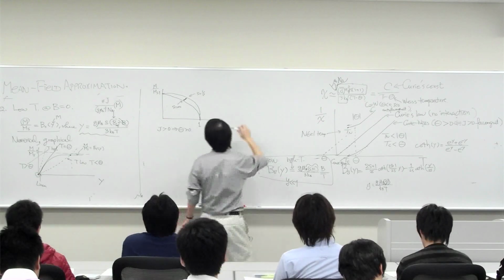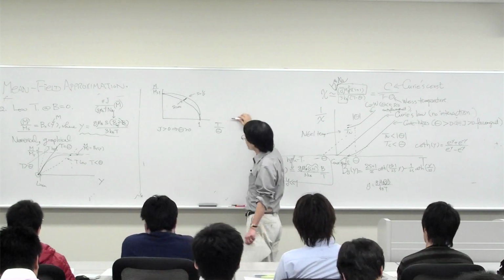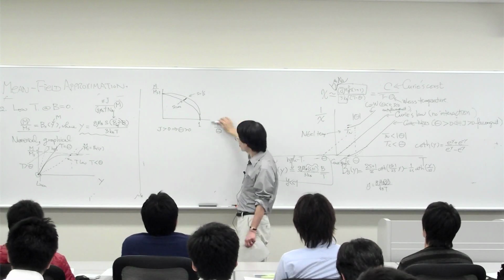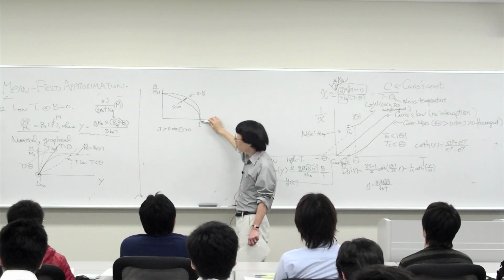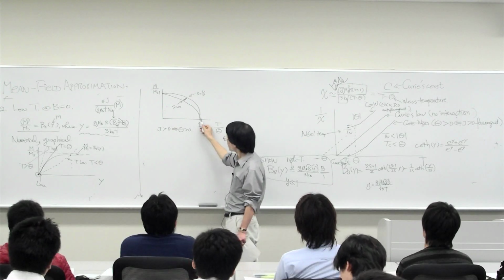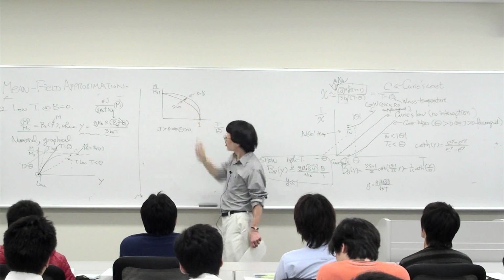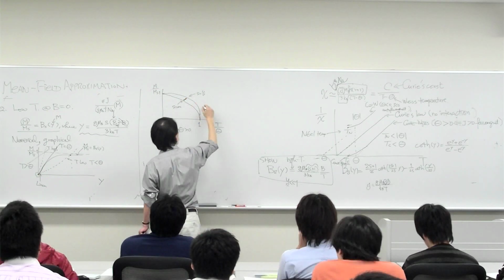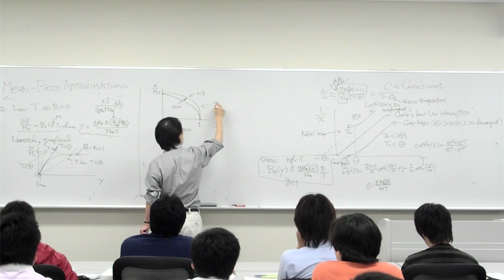So in zero magnetic field, as you cool the ferromagnetic material, magnetization is 0. And then at a special temperature, namely the Weiss temperature, the magnetization starts to show up, although the field is 0. That's why this magnetization is called a spontaneous magnetization.